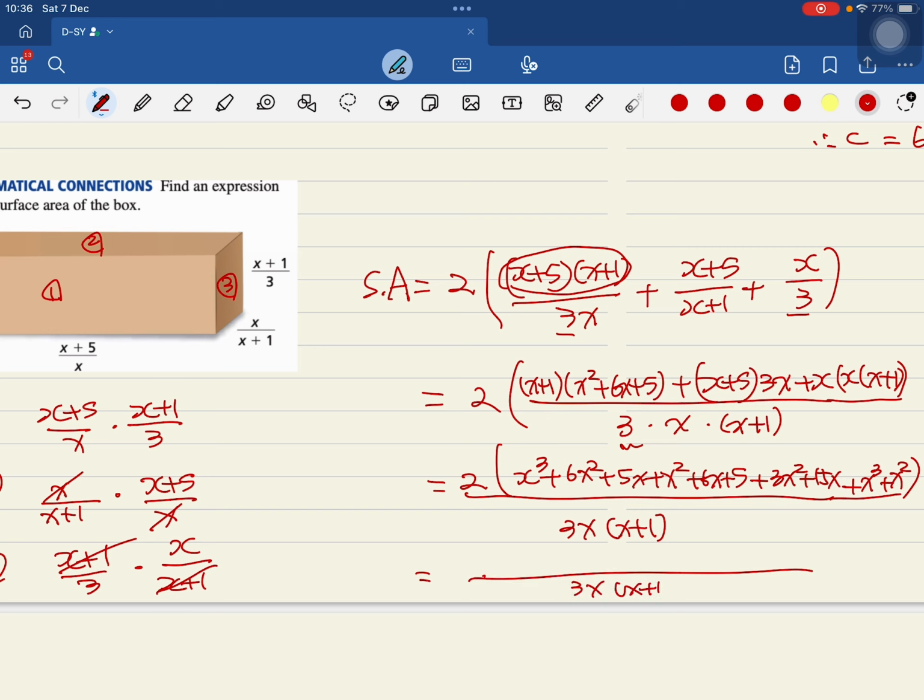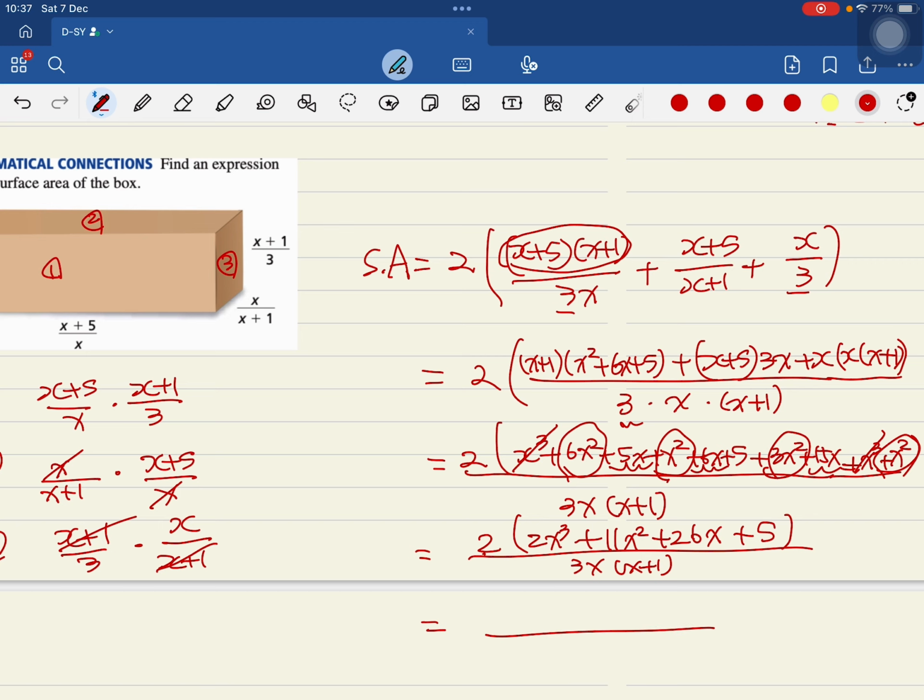Over 3x(x plus 1). We have 2x cubed, and x squared is 6, 7, 10, 11 plus 5, 11, 26 plus 5. So 3x(x plus 1) in the denominator, and 4x cubed, 22x squared, 52x plus 10. That's it.